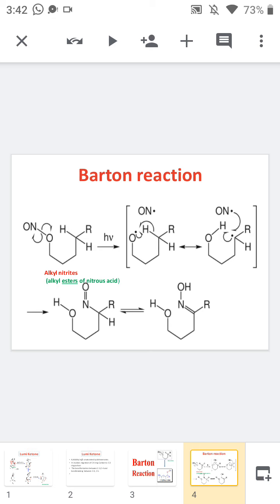nitrogen, the sigma bond between the oxygen and nitrogen, is homolytically cleaved to form an NO radical, and this NO radical exists in the reaction medium.